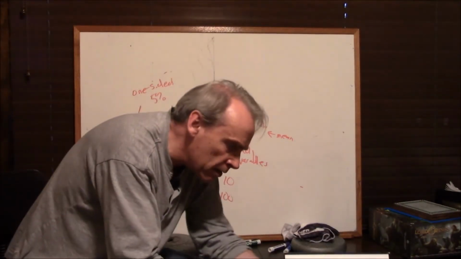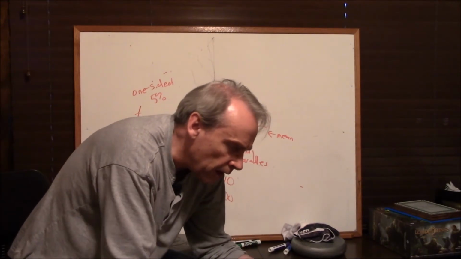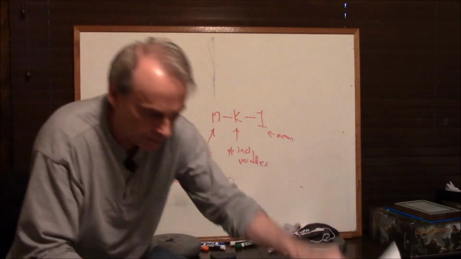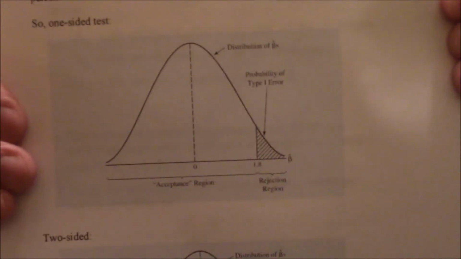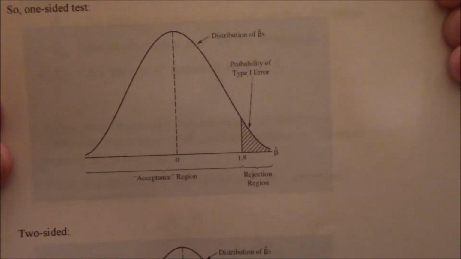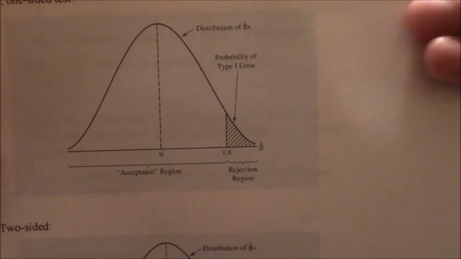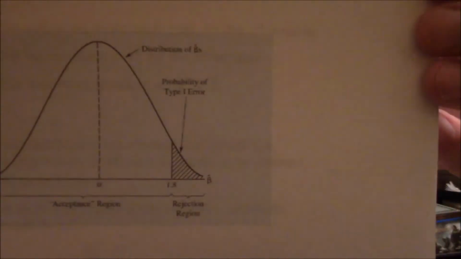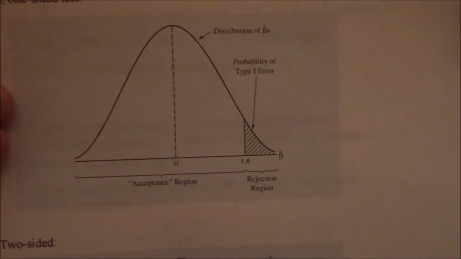Let's go back to this. I think I have it here. Diagram right here. Yeah, here it is. Here's a one-sided test. And the part that's cut off over there, ignore the numbers that are on there. I'm not sure what they were using this for at the time. I don't remember. But the critical t-value, well, let me just draw it.